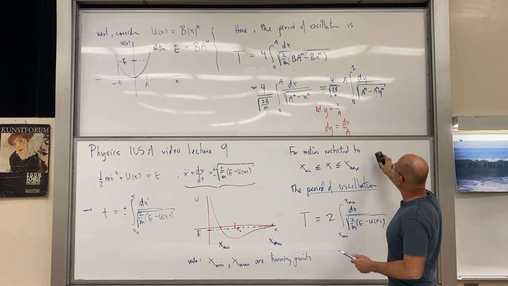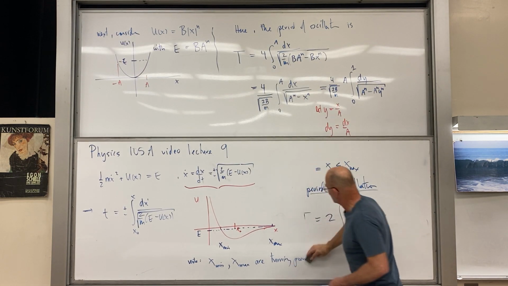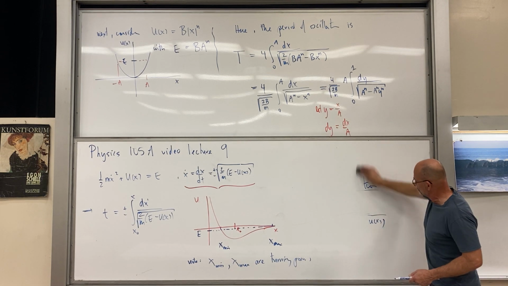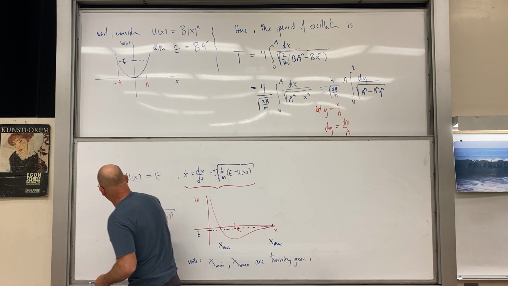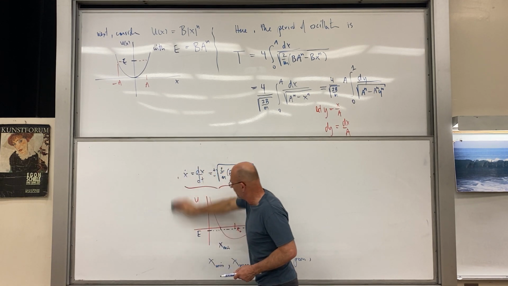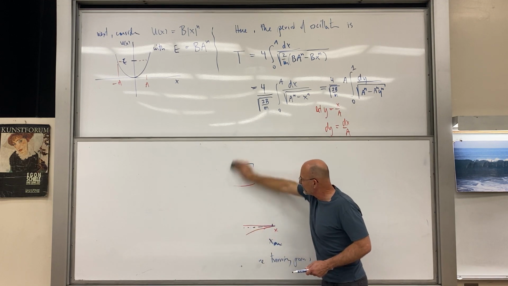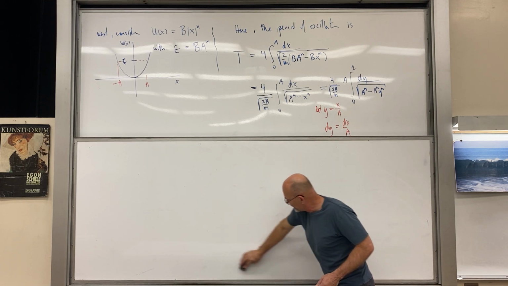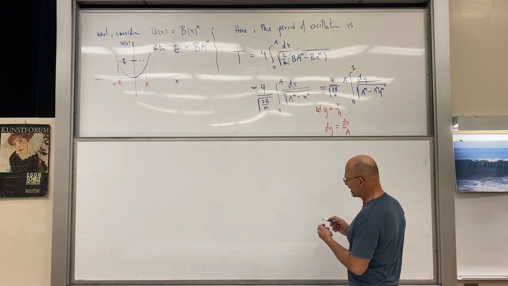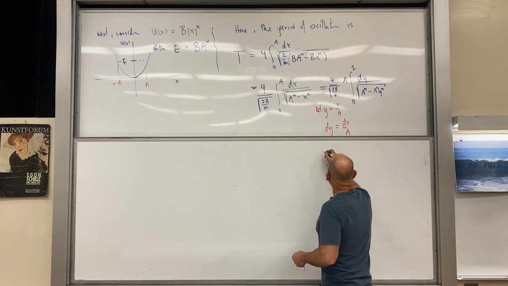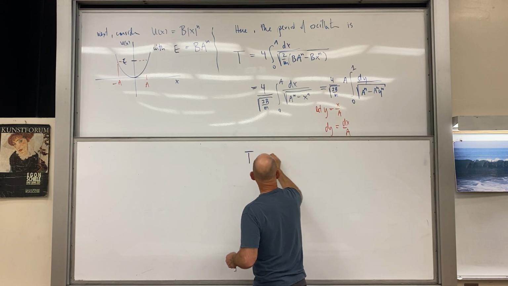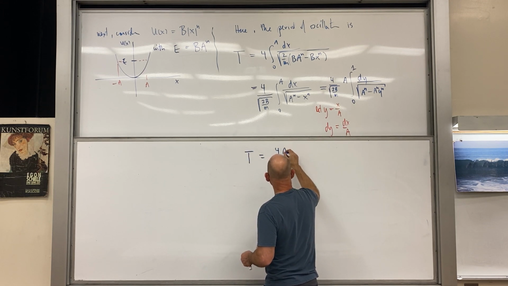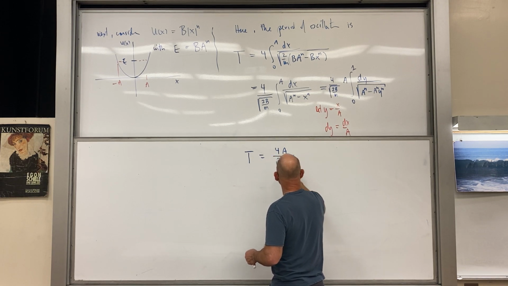Okay, so we're going to work right underneath here. So now everything is there, and we really just have to write it out. So once more we have, here I can do this, t is equal to 4a over root 2b over m.